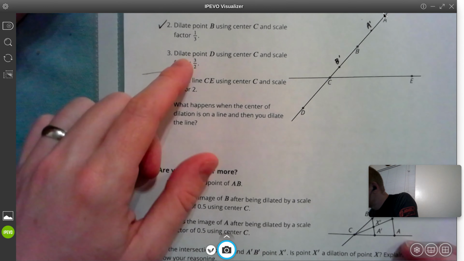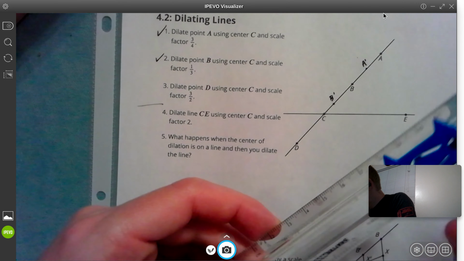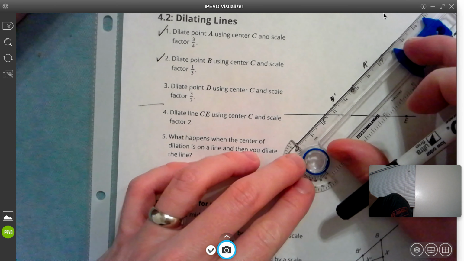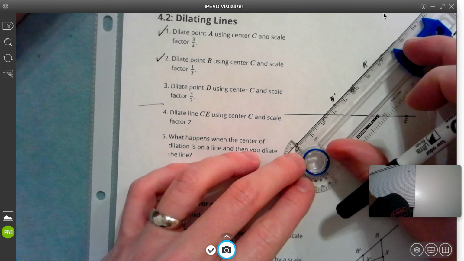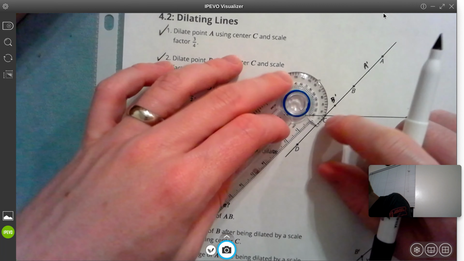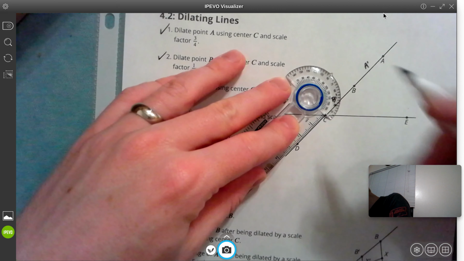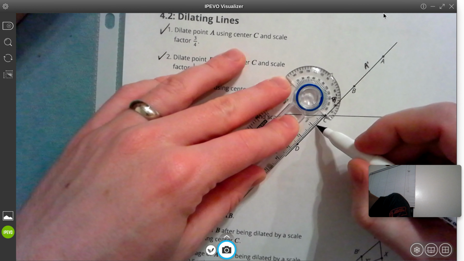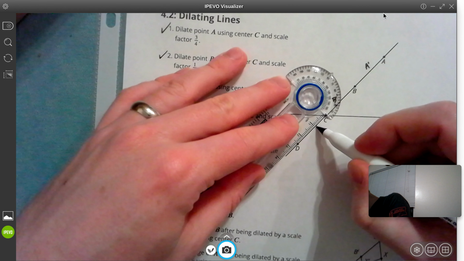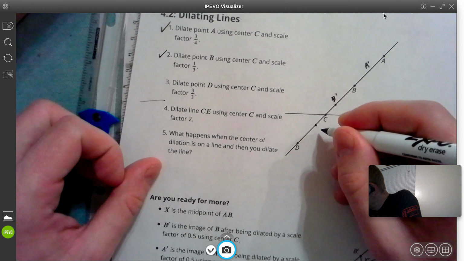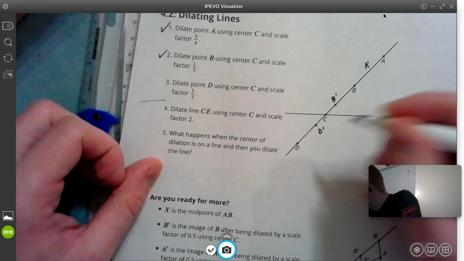For D, we need the distance from C to D. That distance is the same, 2.5, so I don't need to redo that calculation. I'm just going to go 0.83 in this direction, which is going to be right there. So there's our D prime.